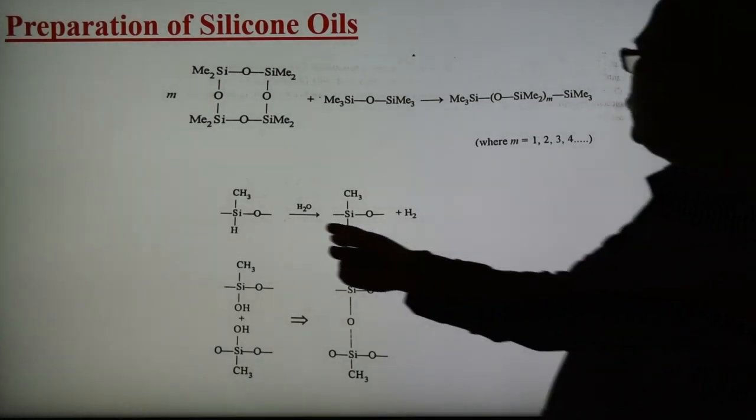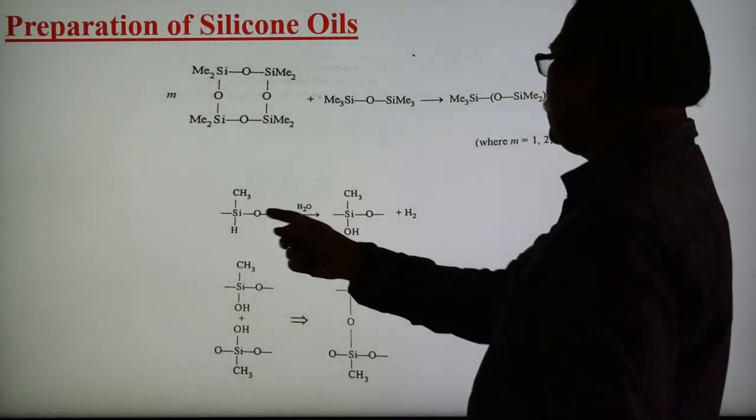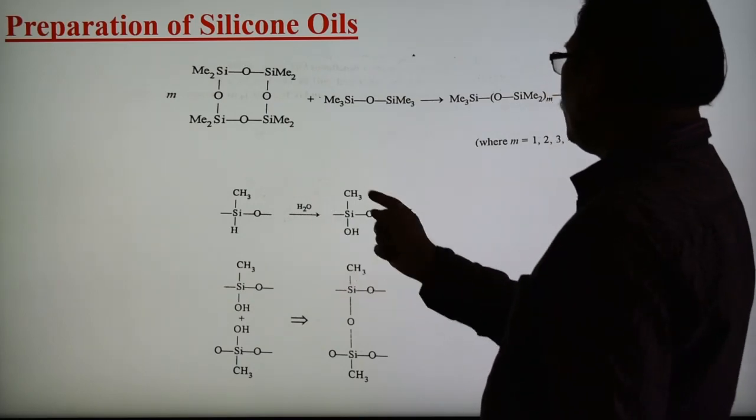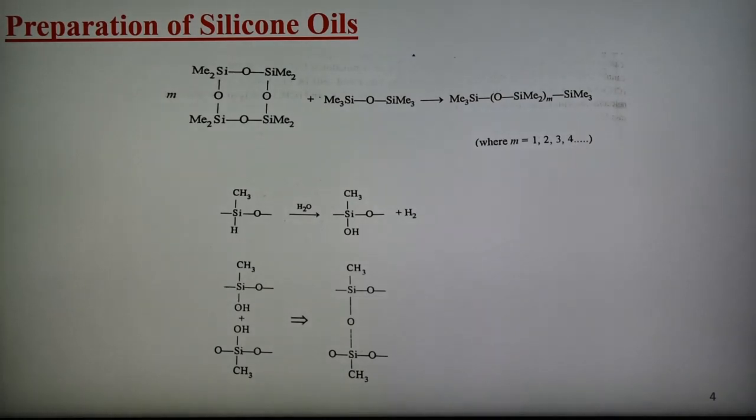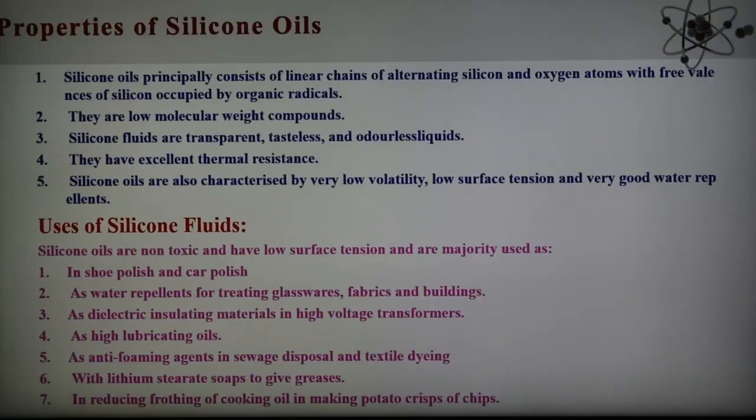This group reacts with the siloxane, reacts with water and forms this type of product and other types here. This is where cross-linking can start. Cross-linked materials are important from the industry point of view, and it takes place by heating with alkali.